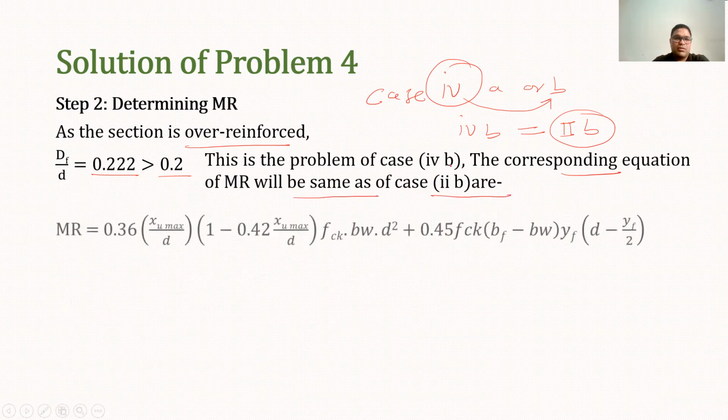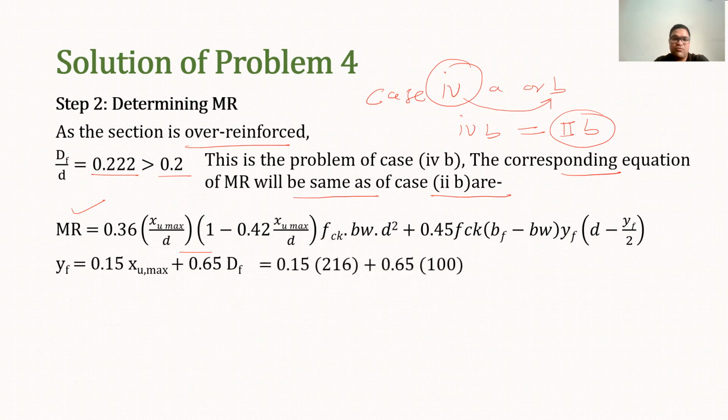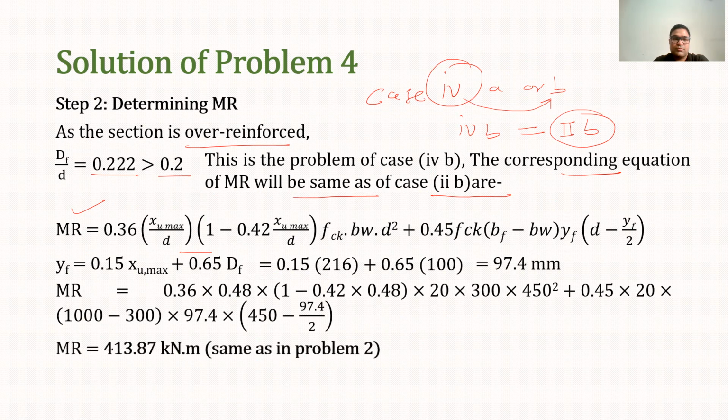You can see this is the same case that we are using here. Because we are using the same formula, the moment of resistance will be the same here also.